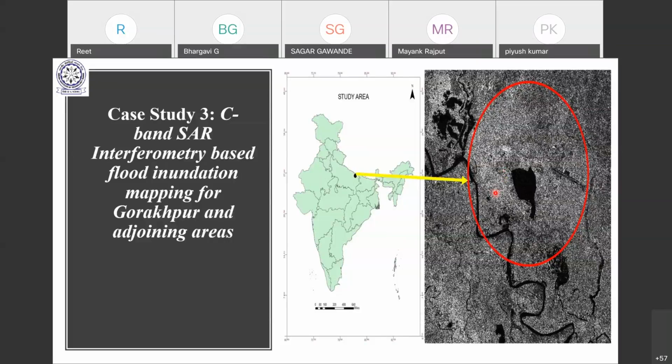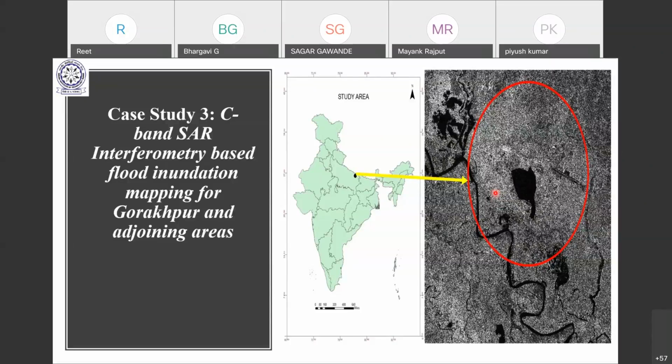If the EC of the surface is high, then the backscattering will be low, and if the EC of the surface is less, then the backscattering will be high. So coming to the study, just a second. Proper mapping of the flood can help to delineate the area with higher loss of life and property, thus adding to the relief measures.